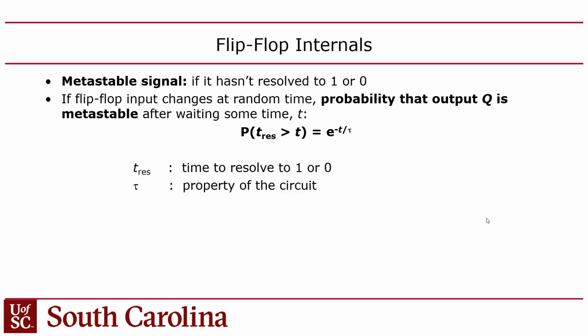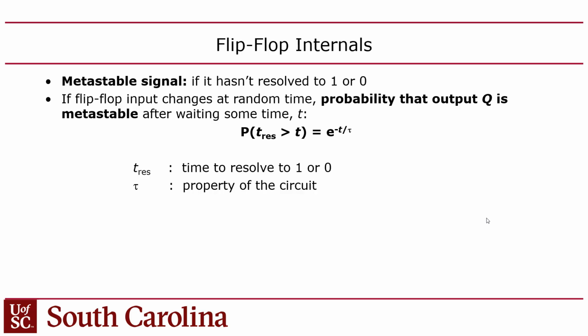now I mentioned that the one thing we can leverage here is the fact that if you go into metastability, you will not stay there forever. Eventually, the flip-flop will come out of metastability. It turns out that the time it takes to come out of metastability is based on an exponential curve, right?